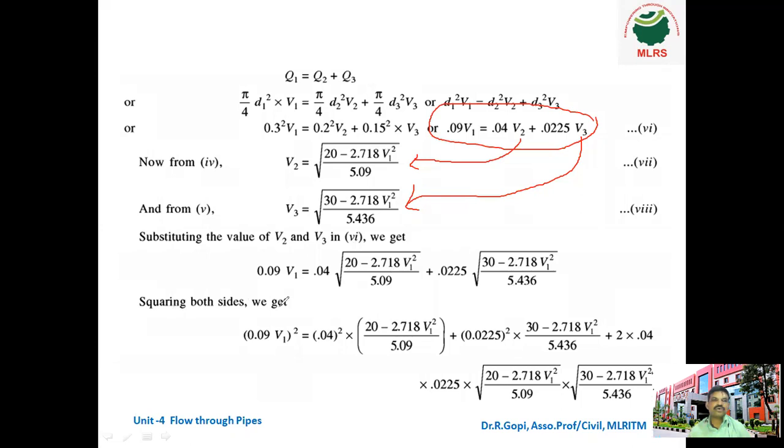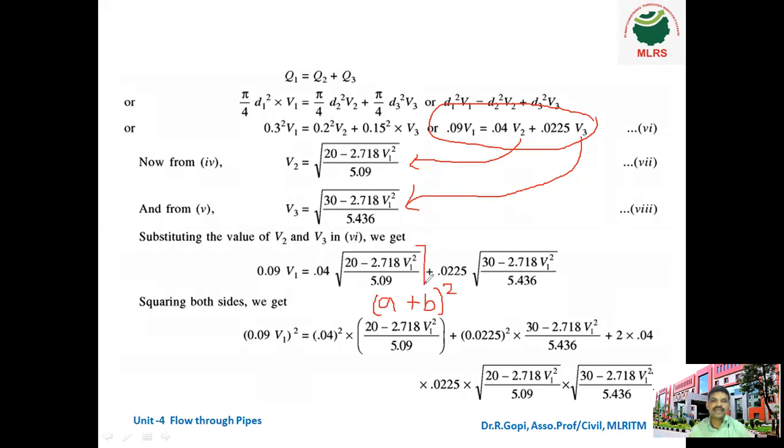Okay, so squaring both sides, we got 0.09 V1 the whole square, which is equal to, if you square, you can see plus is there in between. So A plus B the whole square comes like this.